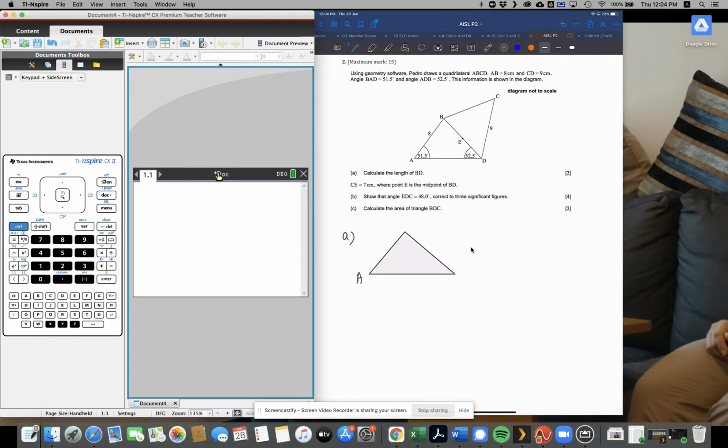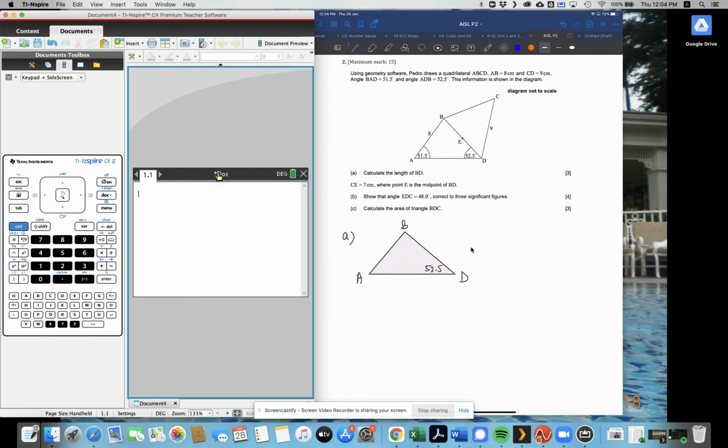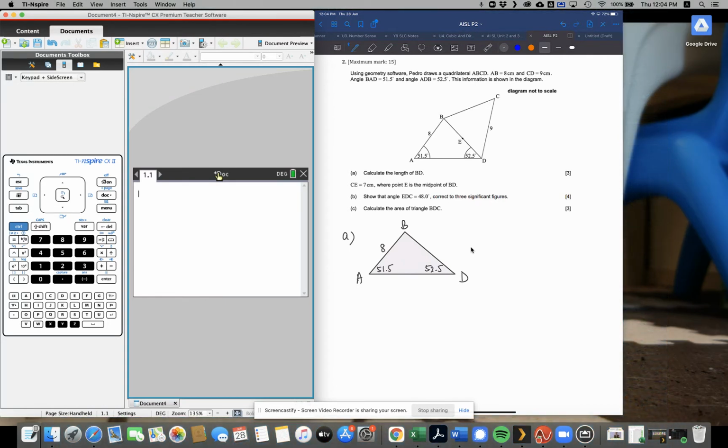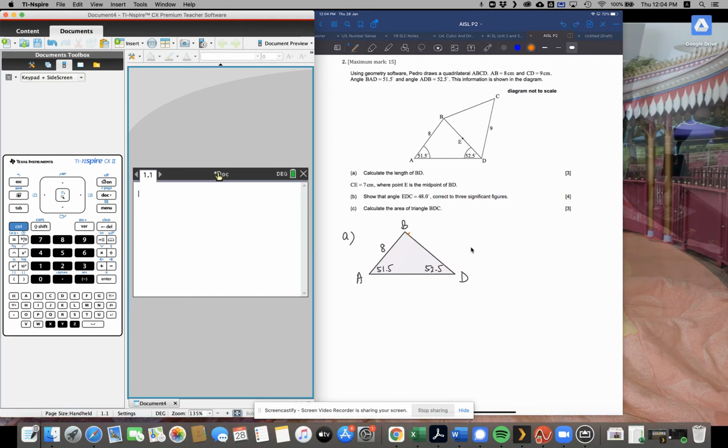So we have A, B, D, 51.5, and we only know the length of AB, and our target is to find out the length of BD.